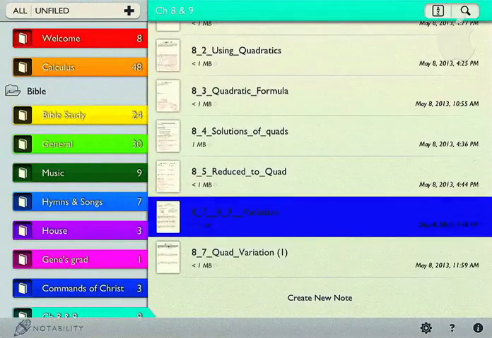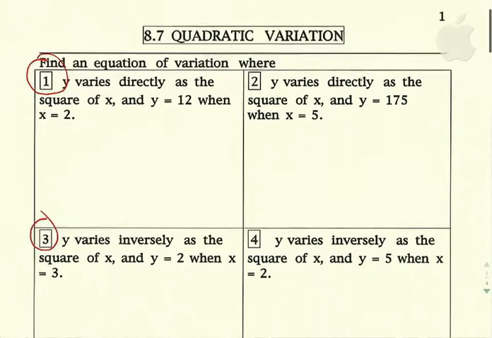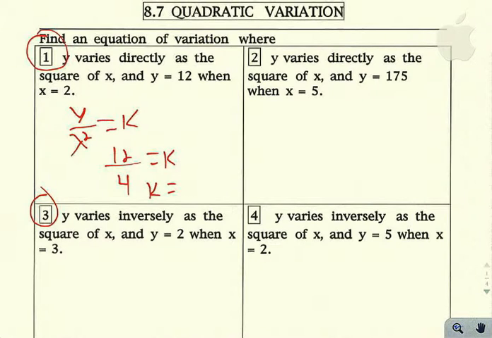Now let's go to the last one, 8.7, quadratic variation. Number 1. Y varies directly as the square of x. So y over x squared equals a constant. Plug in y and x. So you can see that k is 3.